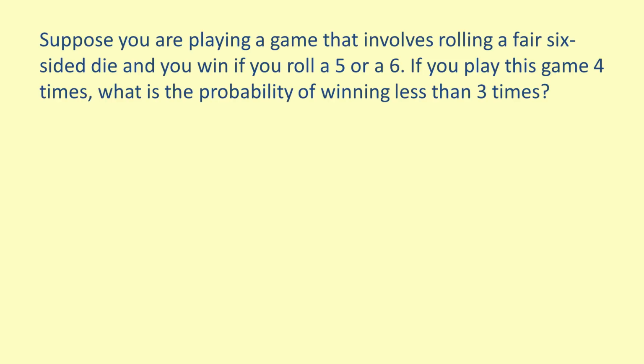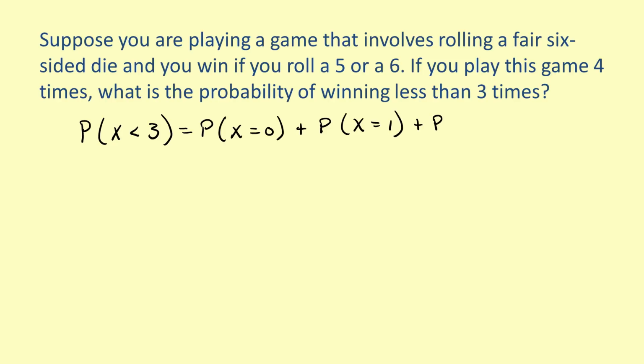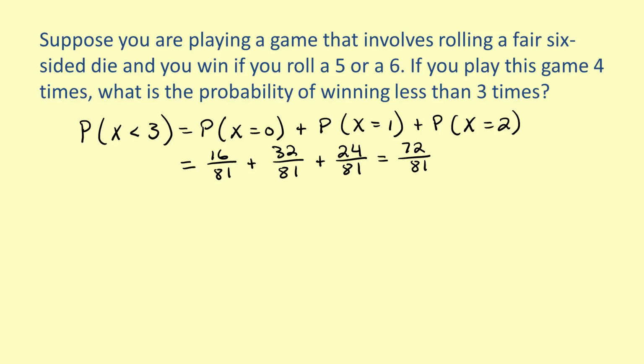Now we can add the probabilities we just calculated to find the probability of winning fewer than 3 times. The probability that x is less than 3 is equal to the probability that x equals 0 plus the probability that x equals 1 plus the probability that x equals 2, which is 16 over 81 plus 32 over 81 plus 24 over 81, which is 72 over 81, which simplifies to 8 over 9.